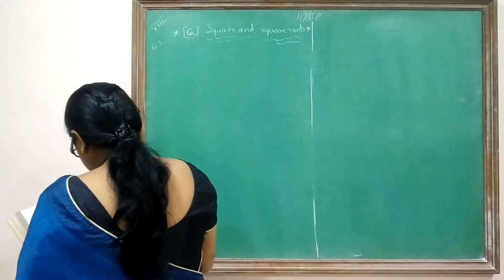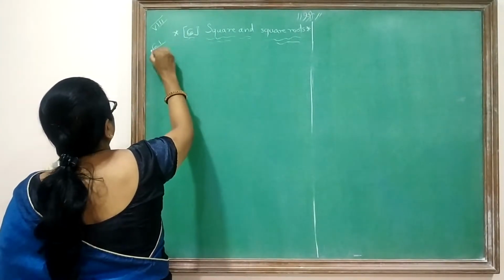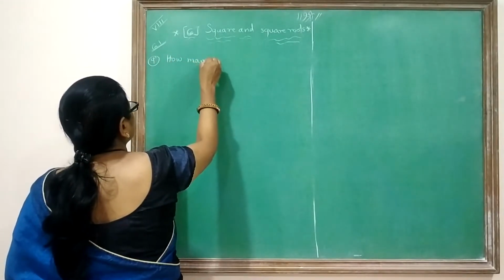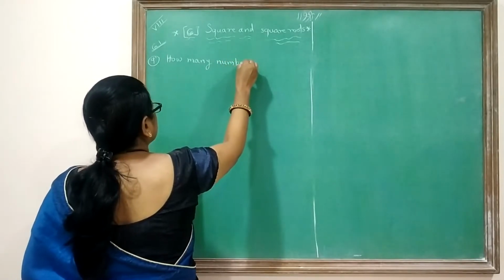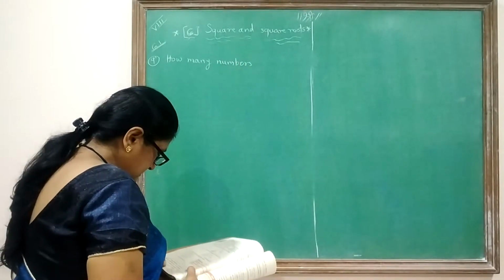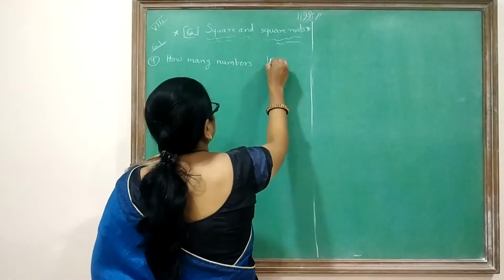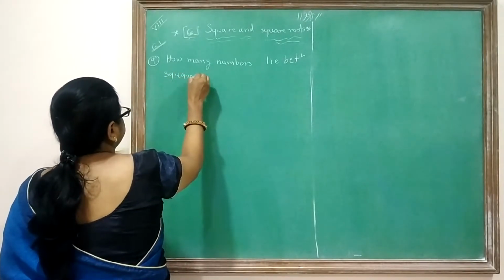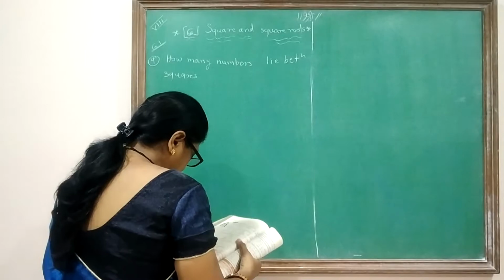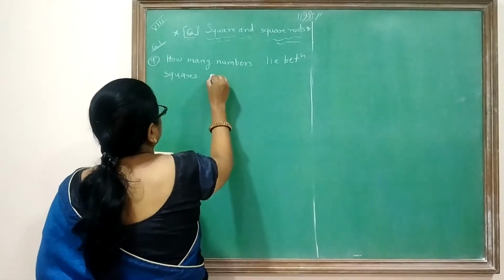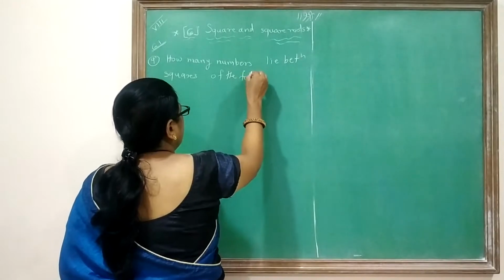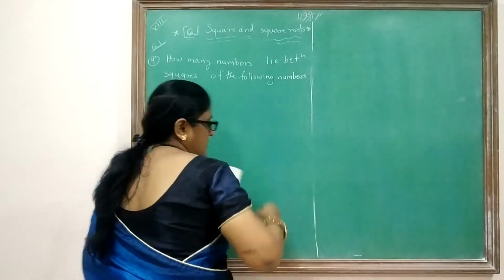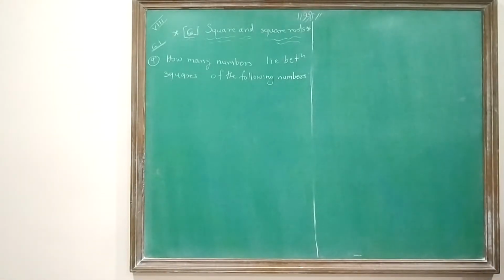Then how many numbers lie between squares? Your 9th question is how many numbers lie between the squares of the following numbers.